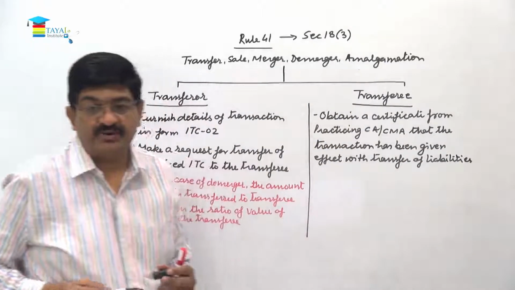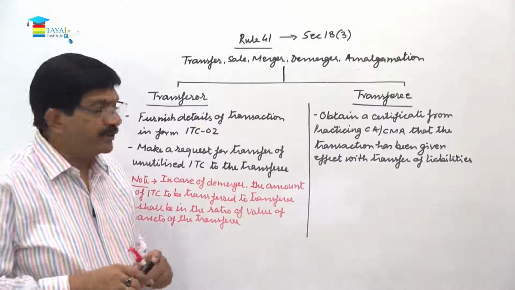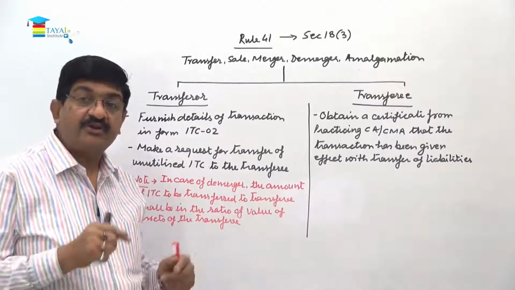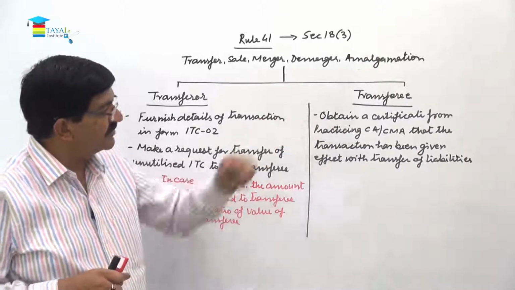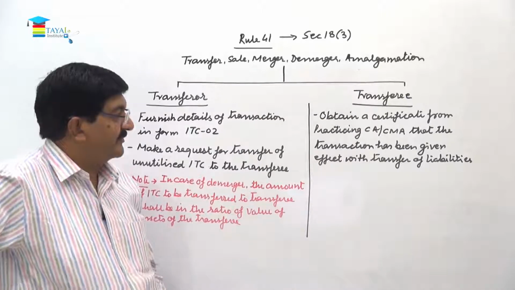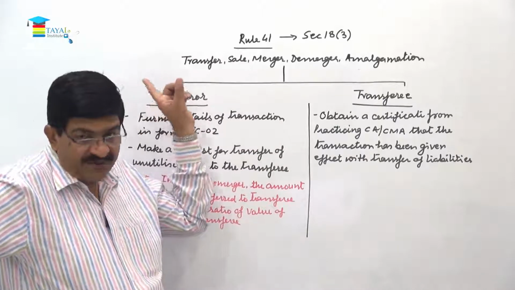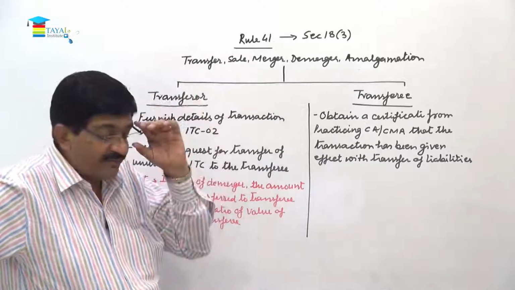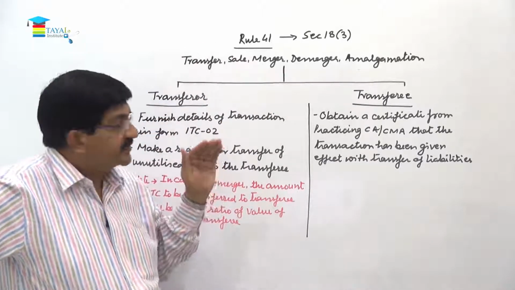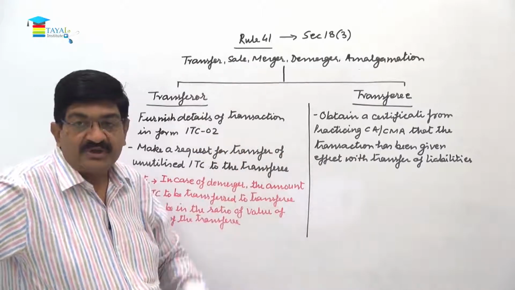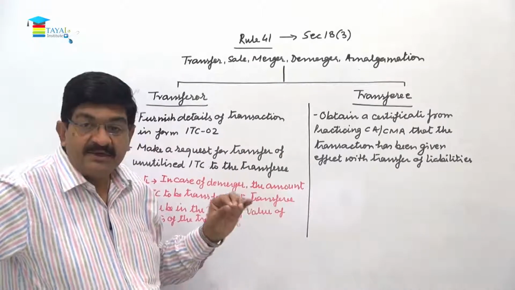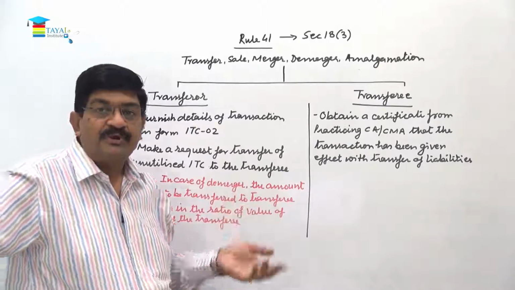So that was the condition under section 18, that if all the liabilities of the business are also transferred, then unutilized credit will be transferred. So first of all, get a certificate from a practicing CA or CMA that in the given transaction, so the transaction may be either transfer or sale or merger, demerger, amalgamation, whatever may be, the liabilities of the business have also been transferred.